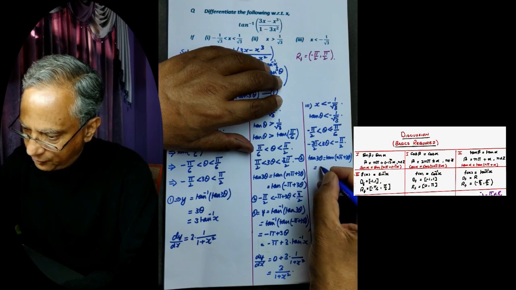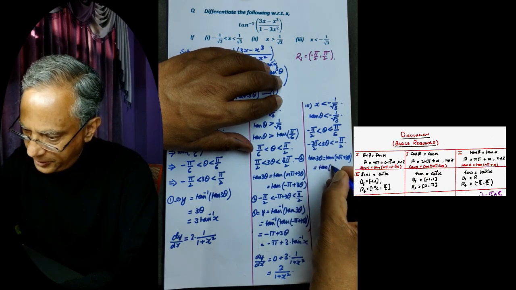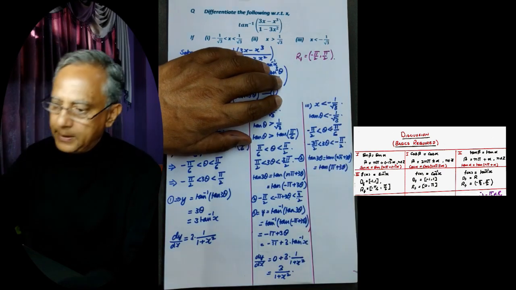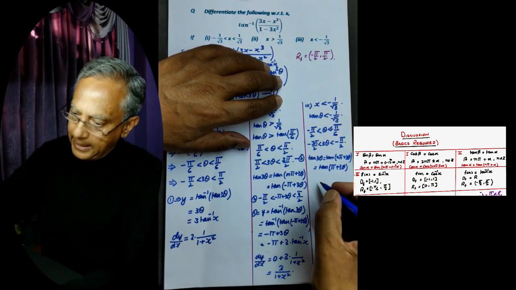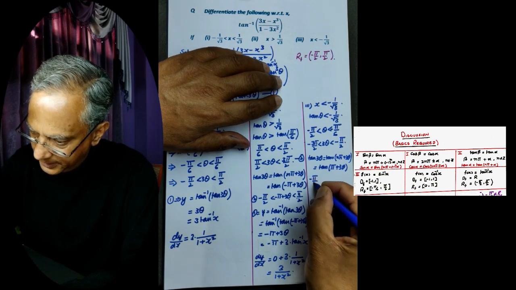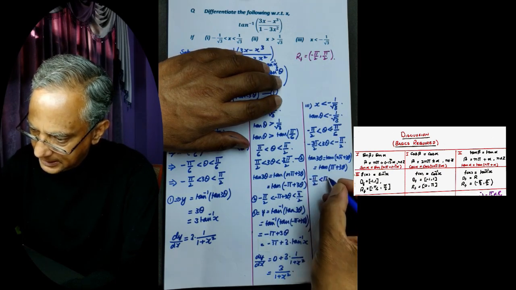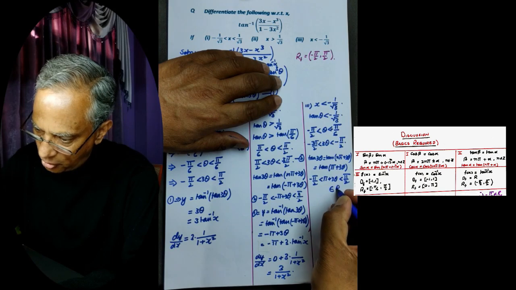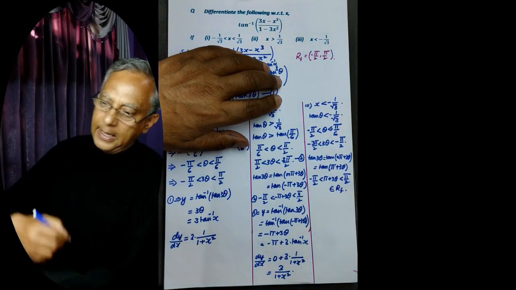So we will have this equal to tan of pi plus 3 theta, and pi plus 3 theta lies in minus pi by 2 is less than pi plus 3 theta is less than pi by 2. That is, it belongs to the range of f.